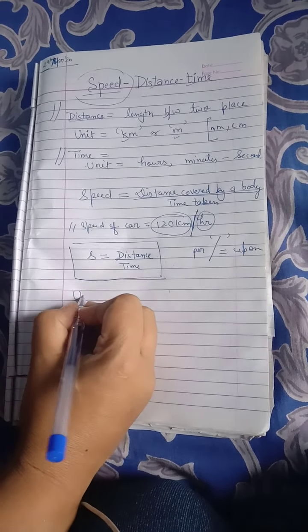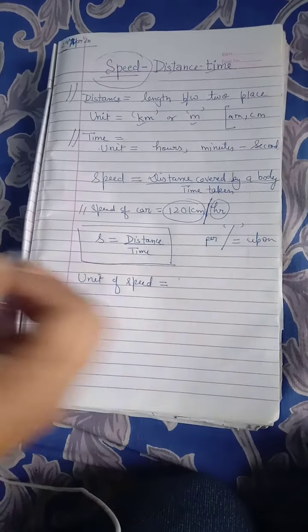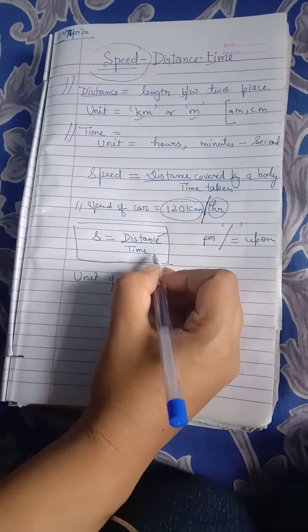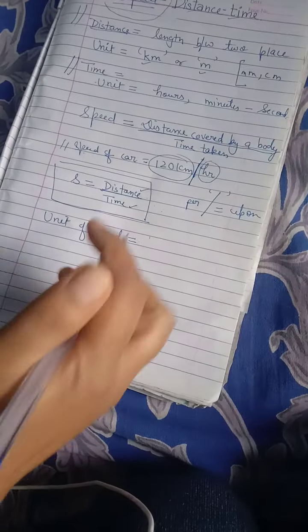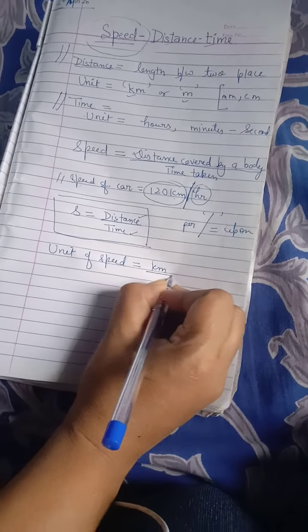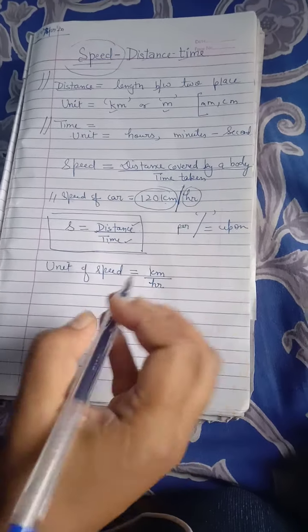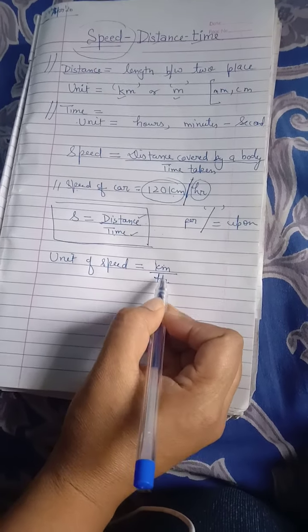And for the unit of speed, we just see the unit of the distance and time. Here if we are measuring distance in kilometer, in place of distance we'll write kilometer. Upon time, if we are measuring in hour, we'll write hour, and we can call it kilometer per hour.